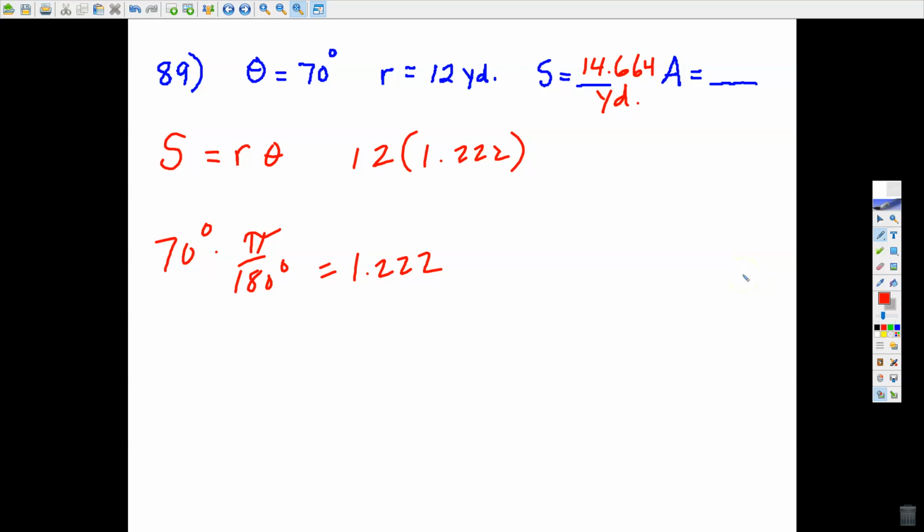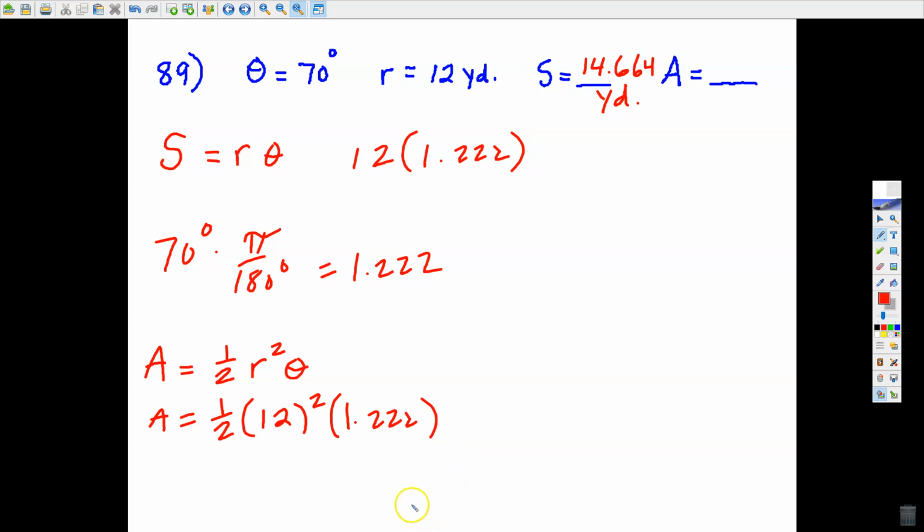All right, now let's find the area. So what's the area formula again? Okay. And this time we're going to put 1.222 squared. I'm sorry, that's the theta. Back up. 12 squared, 1.222.